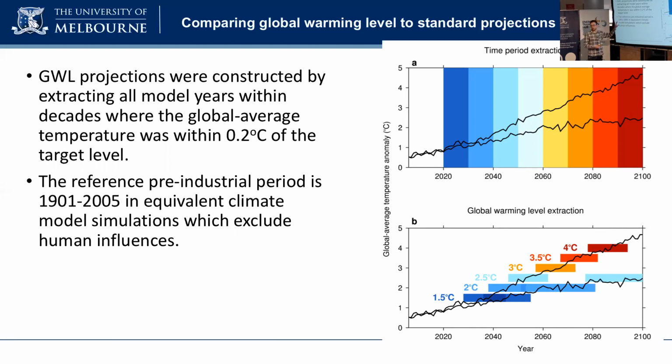And this is with reference to a pre-industrial period equivalent, which is using the models' corresponding historical natural simulations. So these are simulations that remove anthropogenic forcings over a century. So different people use different pre-industrial periods. Ed, I should have actually added a reference. Ed Hawkins actually has another paper on that, as does Andrew Schurer.